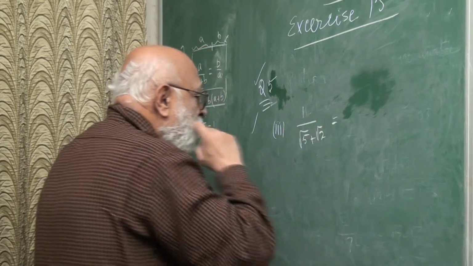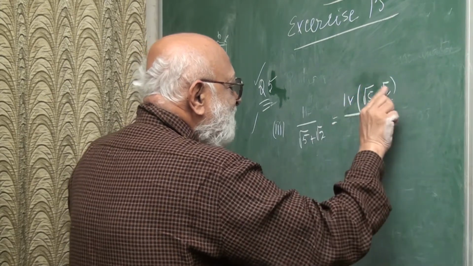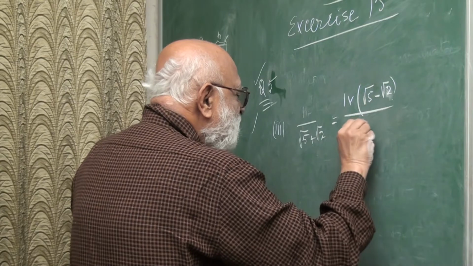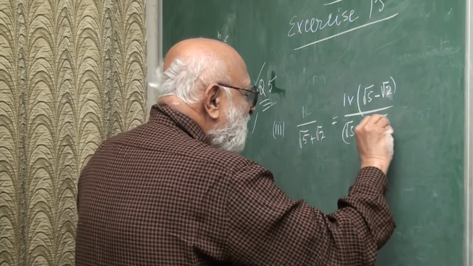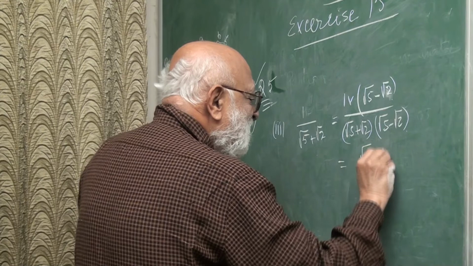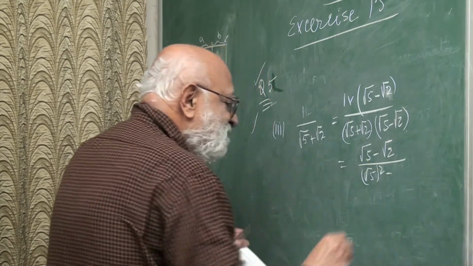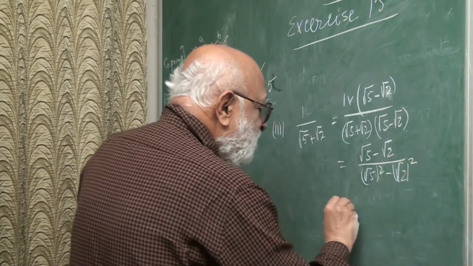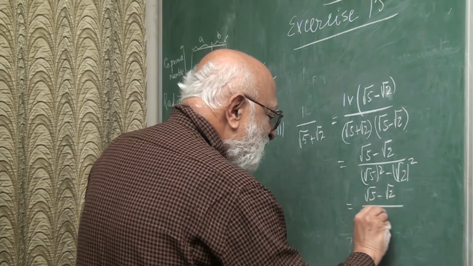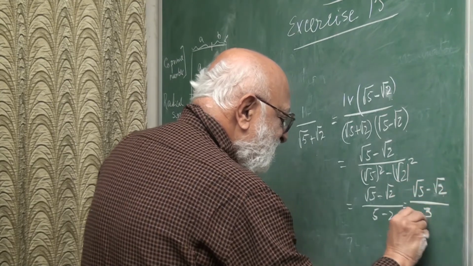Again we multiply by root 5 minus root 2, and the denominator would be root 5 plus root 2 into root 5 minus root 2, that is root 5 square minus root 2 square, which is 5 minus 2. So it is root 5 minus root 2 over 3. Okay, this is done.